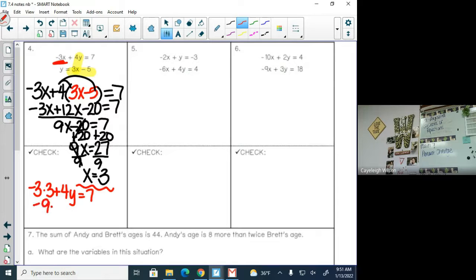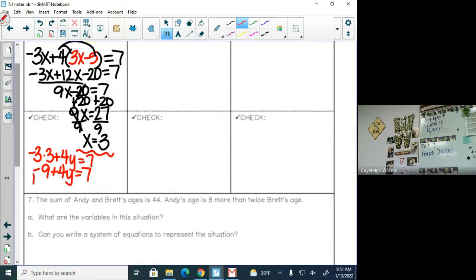So that's negative 9 plus 4y equals 7. I'm going to add my 9. So that's 4y equals 16. Divide by 4, and y is 4. The 16 divided by 4 is 4. My answer is 3, 4.